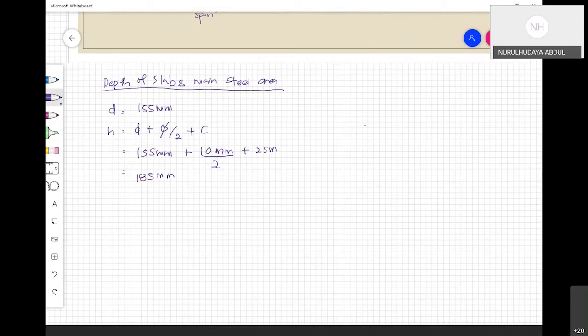Okay. And then I need to find the loading. To find the loading as usual, kita use that formula 1.4 GK plus 1.6 QK. But the problem is we don't have GK which is that load of the slab. Okay. Jadi kita kira dulu that load of slab, ataupun self weight dia.